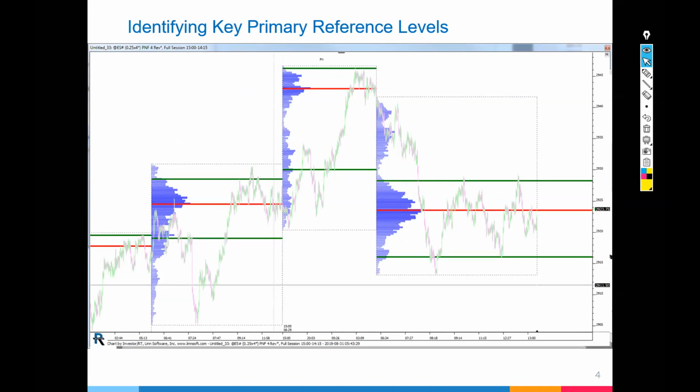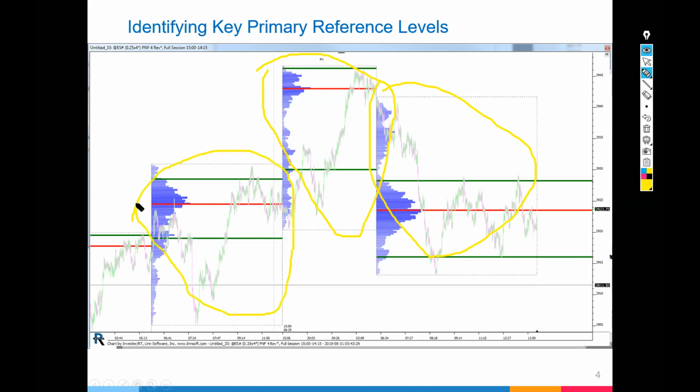So here I have 3 different sessions, and so we see 3 different profiles. And let me grab a pen here. And so you see we have one profile here. I have another one here. And of course, there's a third one here.